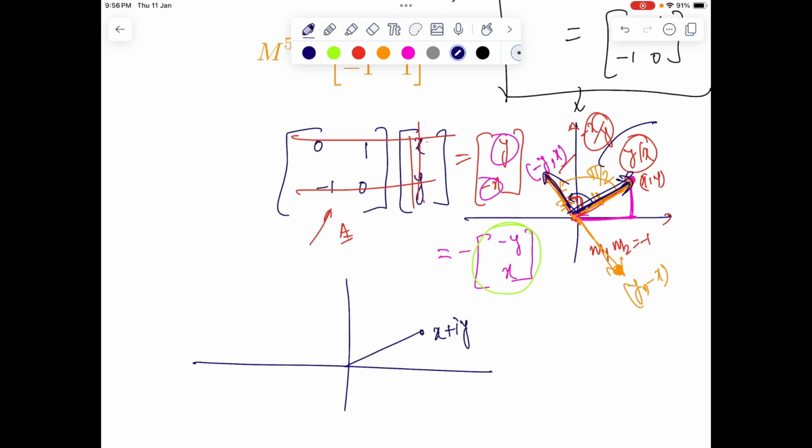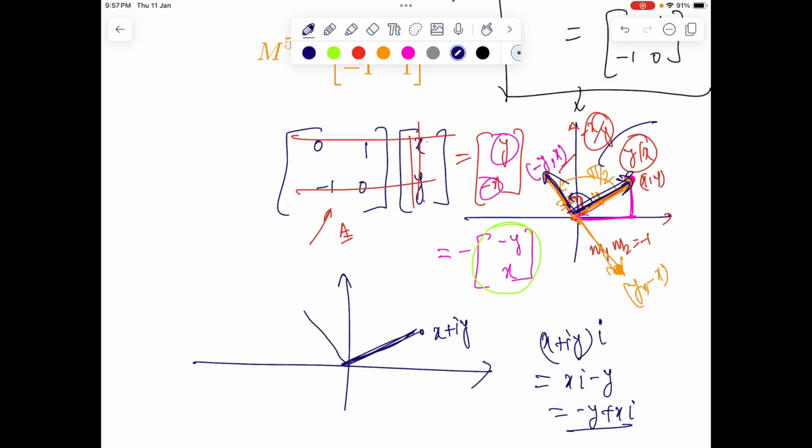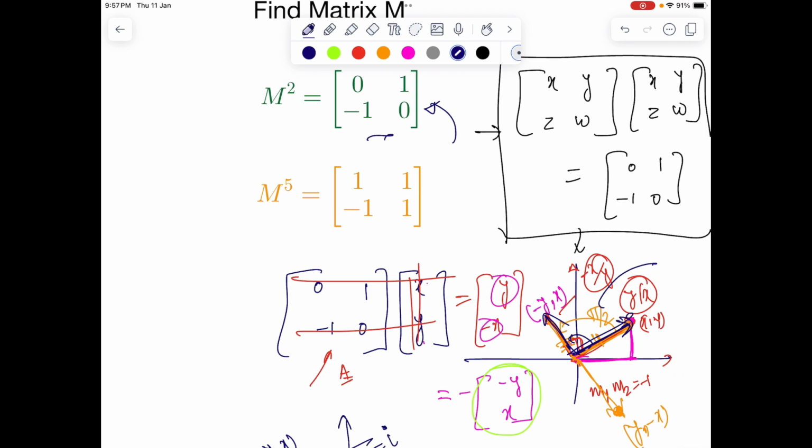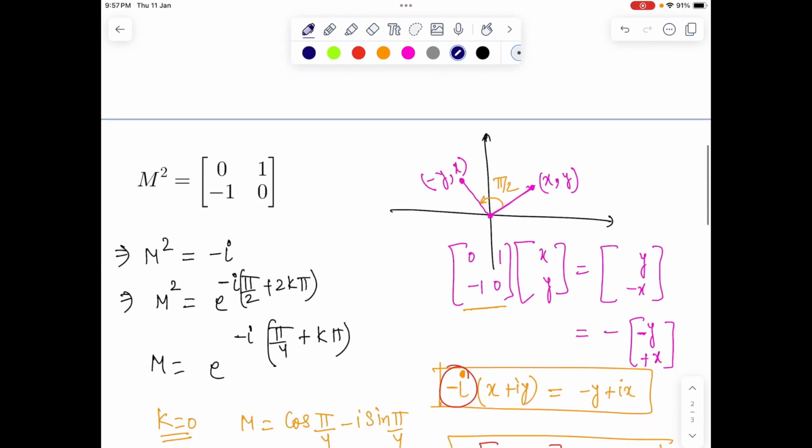We know from the theory of complex numbers, if you have a point x plus iy in the Argand plane, and if you multiply this with i, the resultant point will go to xi minus y, which is minus y plus xi. And that's so surprising. It means multiplication with root minus 1, which is i, rotates the complex number, or rotates the vector, by 90 degrees in anti-clockwise sense. And that's a clue between this matrix problem and complex numbers.